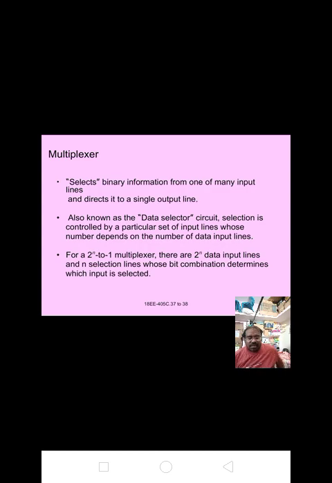Clearly write the definition: a demultiplexer is a logic circuit that receives information on a single input line and transmits that information on several output lines.